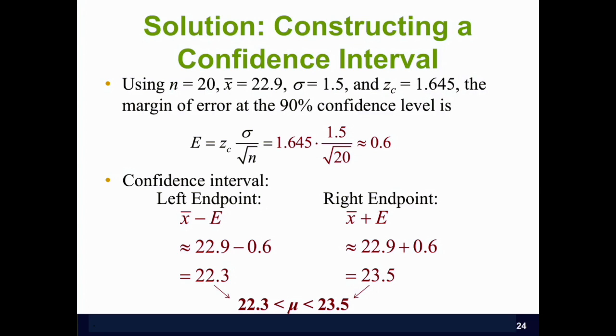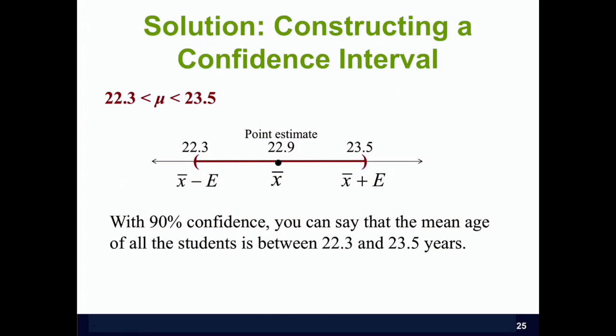The margin of error at the 90% confidence level can be calculated by multiplying these numbers here, and this turns out to be 0.6. So then the left endpoint, or the lower endpoint of the interval, is going to be the point estimate minus the margin of error, and the right or upper endpoint is going to be point estimate plus margin of error, and we get this interval that we can graph as we did before.